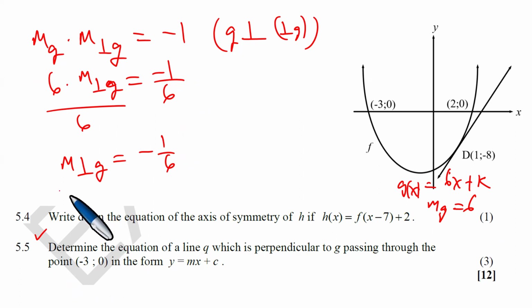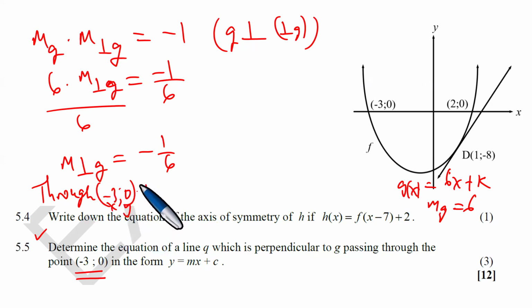We need to find the equation. We already found the gradient of the graph perpendicular to G, but it is passing through this point, -3 and 0, giving us x and y. So you're going to use the formula y minus y1 equals m open bracket x minus x1, like this.